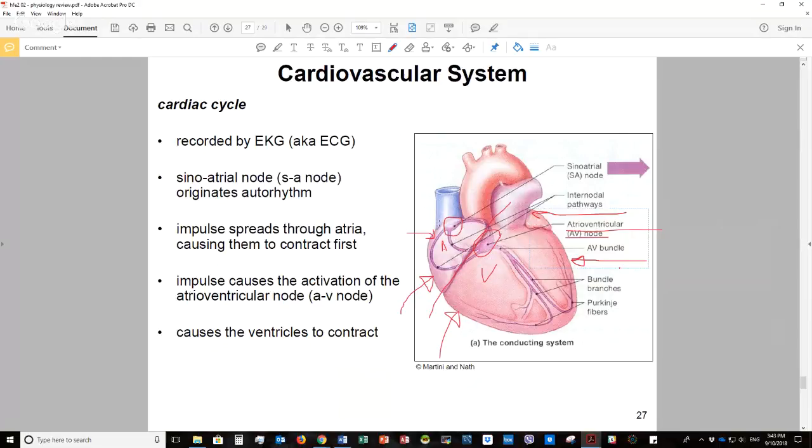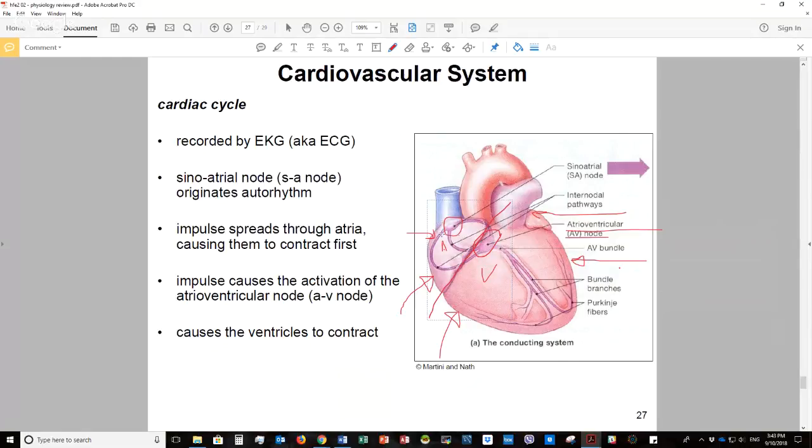So what happens is the rhythm, the electrical impulse, begins up at this SA node, the sinoatrial node, and that spreads down through these pathways. This is getting difficult, so maybe I won't annotate.